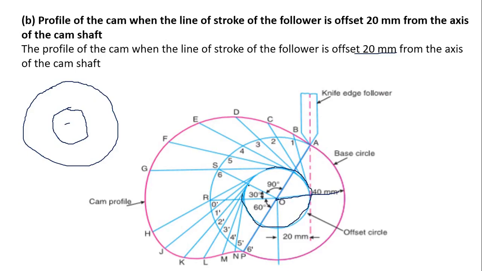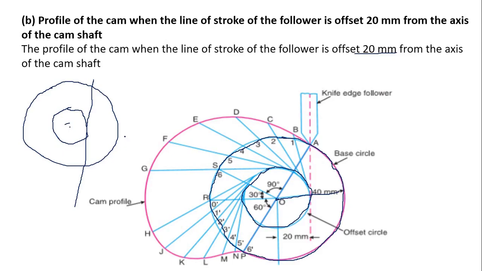This is the offset circle and this is the base circle. The radius of the offset circle is taken as 20 mm and the radius of the base circle is taken as 40 mm. Now friends, from the offset circle draw a tangent straight line here, meaning the follower axis.